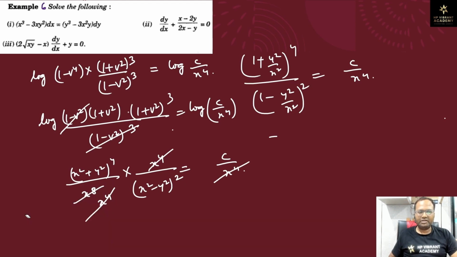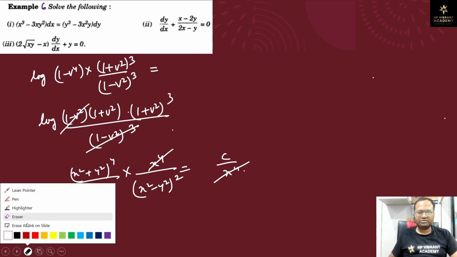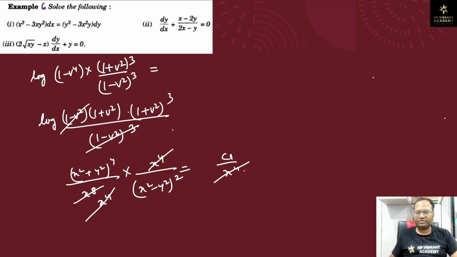So from here, let us take this constant as c1 instead of c. Earlier we have taken c dash, now this is c1. So we have x square plus y square to the power 4 is equal to c1 times x square minus y square whole square.